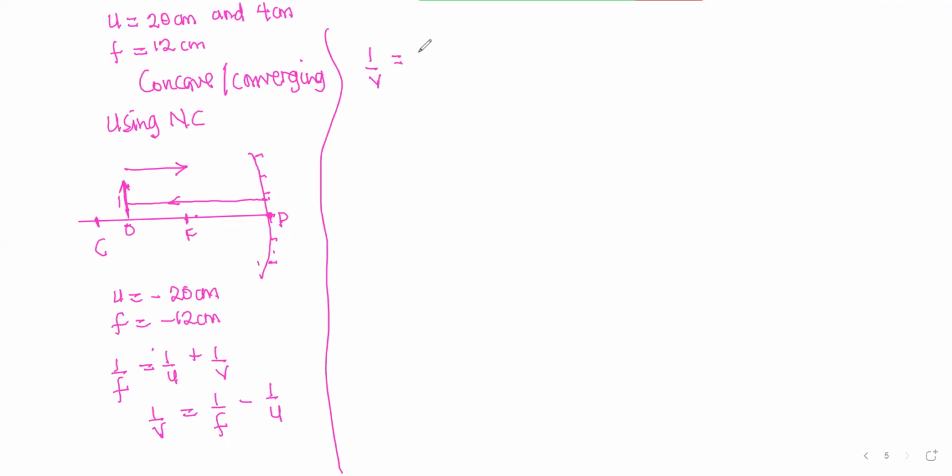F is minus 1 over 12, because F is negative, minus 1/20.